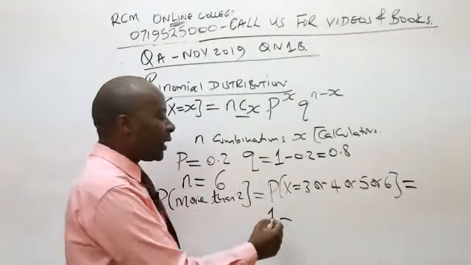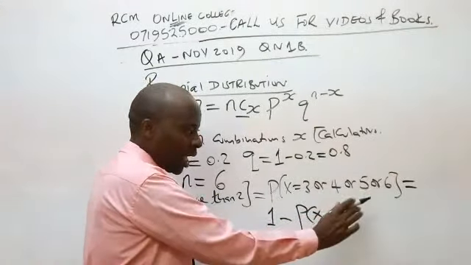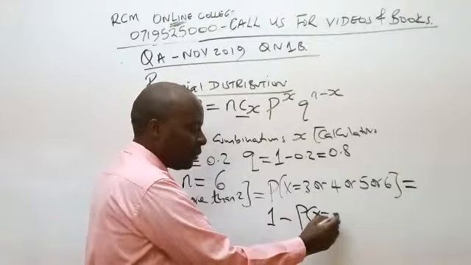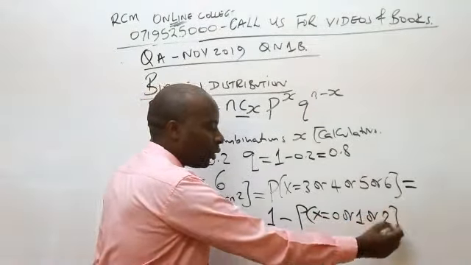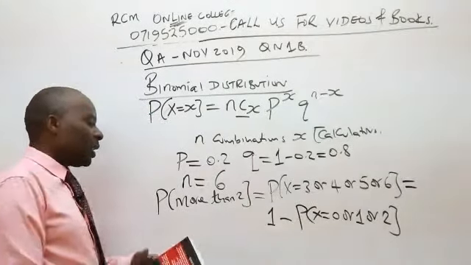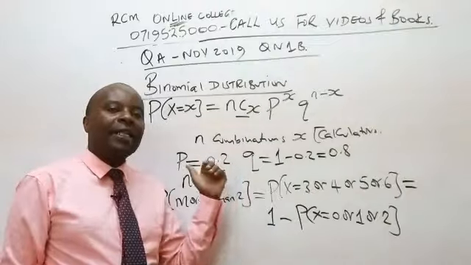The other events are probability of X being equal to 0, or 1, or 2. Allow me to repeat, ladies and gentlemen, probability of more than 2 means that we start from exactly 3.